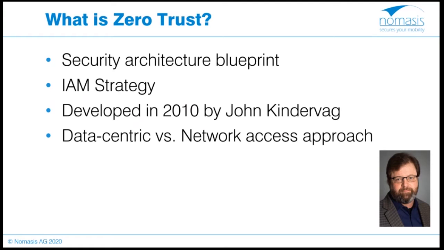The main two differences between zero trust and perimeter security, which we do today, are these: zero trust has a data-centric access approach and not a network access approach. That means users don't get access to networks, they get access to data.